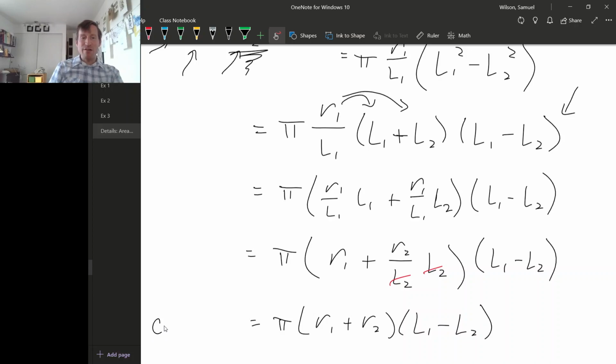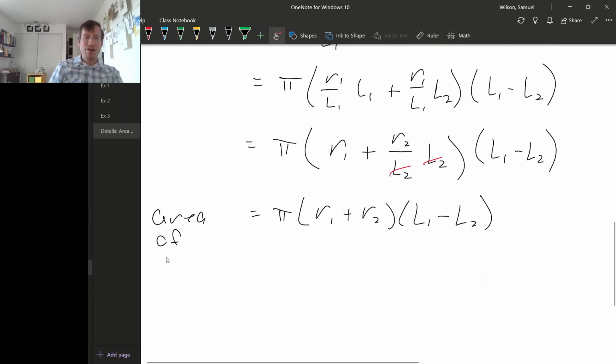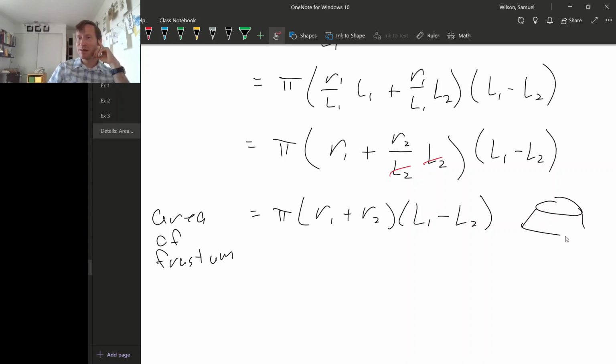So this is the area of a frustum of a cone. And all of these things that show up in this formula are things you could measure if you had a frustum sitting in front of you. So here's a frustum, right? This difference, L1 minus L2, is the side length, and you could measure that.